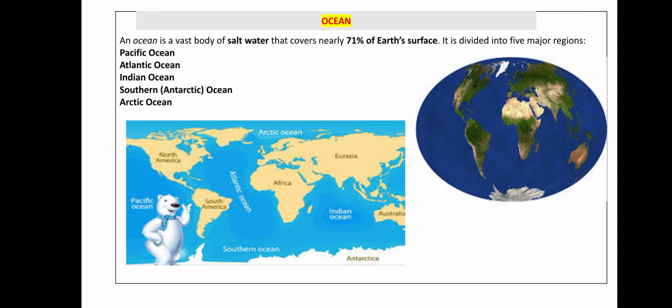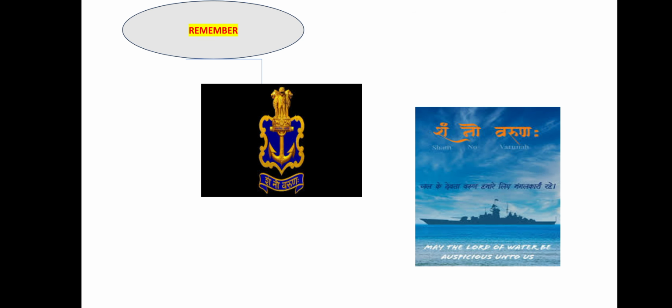Land mass is also categorized into continents: Asian continent, African continent. Now, Indian Ocean is the ocean which is technically very important for the Indian Navy or Indian Defense Forces. As you have seen, the logo of the Indian Navy is Sham No Varuna. Sham No Varuna means जल के देवता वरुण हमारे लिए मंगलकारी रहे, may the lord of water be auspicious unto us.